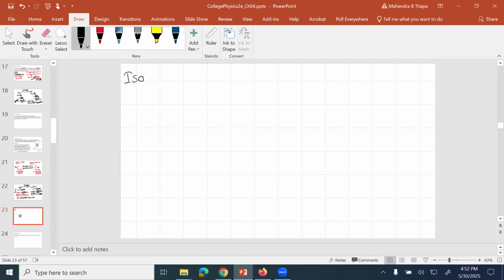Isolate T from equation 1: T equals 0.4 times A plus 3.92.